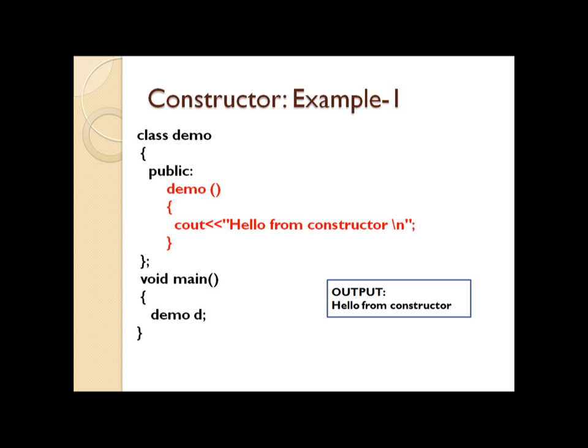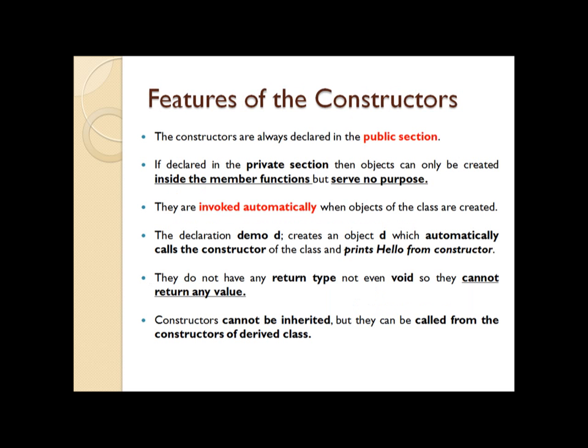Since there is no return type given for the constructor, by default the return type will be the class type, which means whatever data we get will be the object. We also cannot use void. So there is no return type given for the constructor, which I already explained.